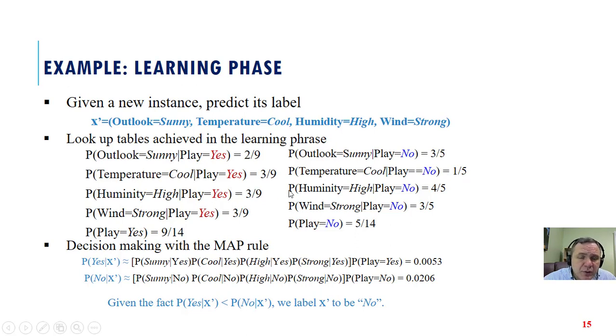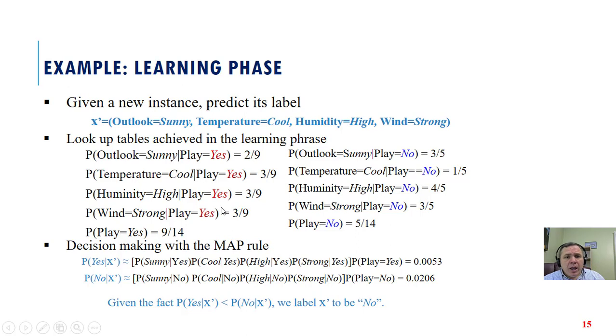Probability of temperature is equal to cool given people don't play is equal to 1/5. Probability of humidity is high given people play is equal to 3/9. Probability of humidity is equal to high given that people don't play is 4/5, and so forth.